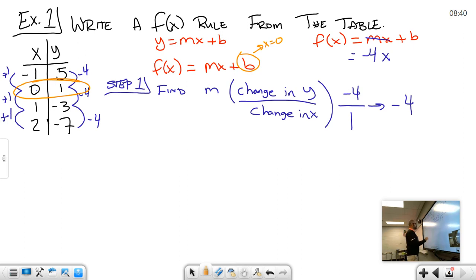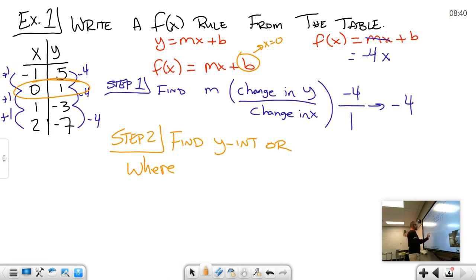So step 2, what we're going to do here is we're just going to find the y-intercept, or where x equals 0. We found that x is 0, y is 1. What type of 1 is it, positive or negative?